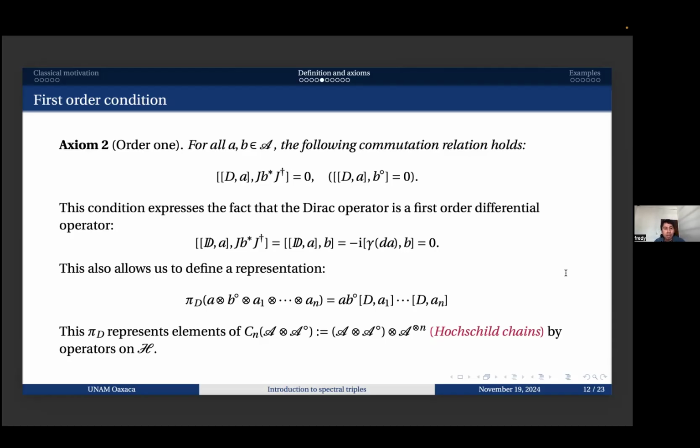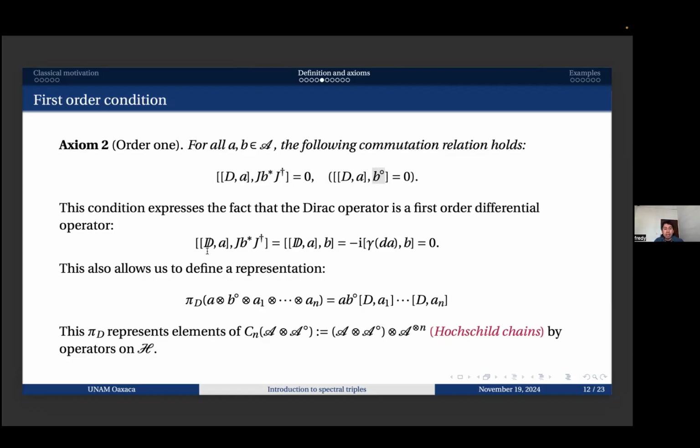So what does axiom 2 say? The axiom 2 says that for all a, b in A, the following commutation relation holds. What is this saying? The representation of the opposite algebra commutes with the commutators.